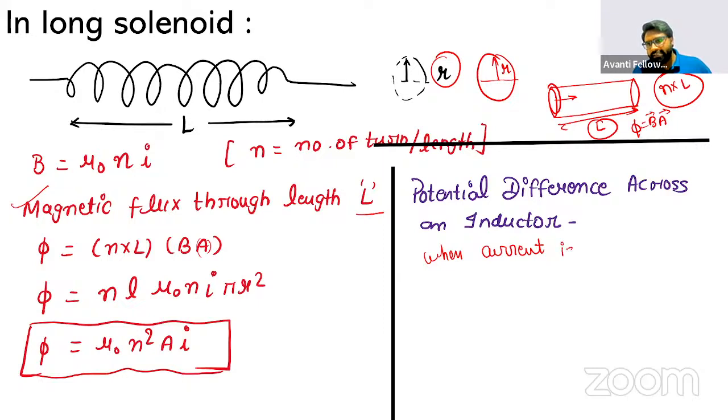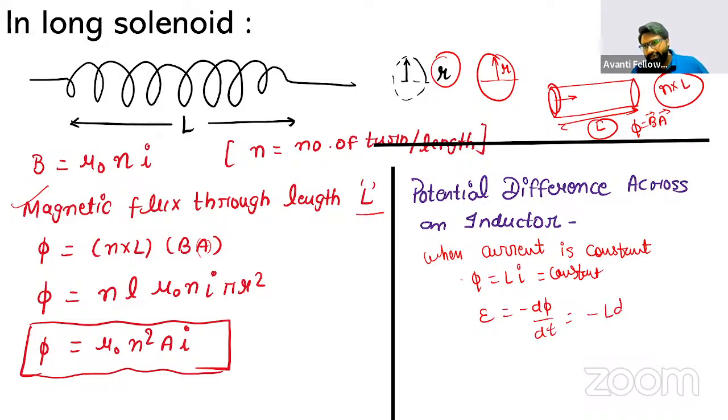So when current is constant, phi is L I, and Li will be a constant quantity. So the potential difference across an inductor, which is nothing but the EMF induced, is minus d phi by dt, minus L di by dt.